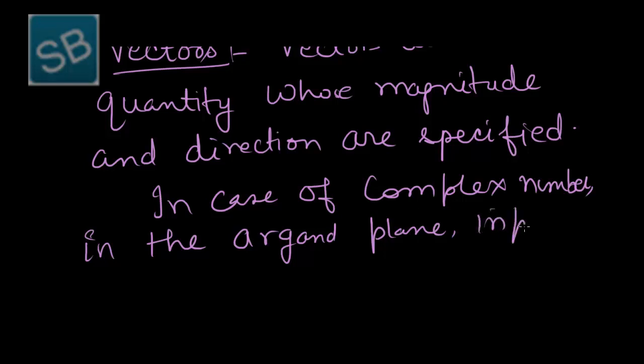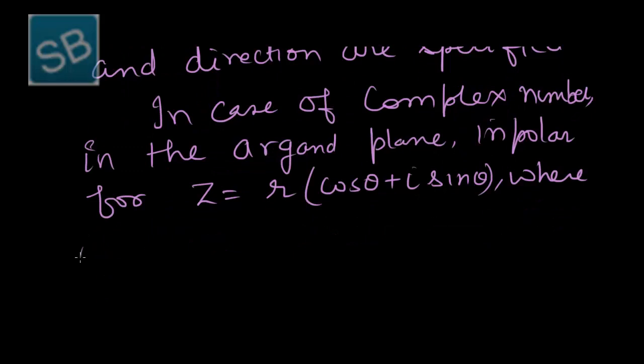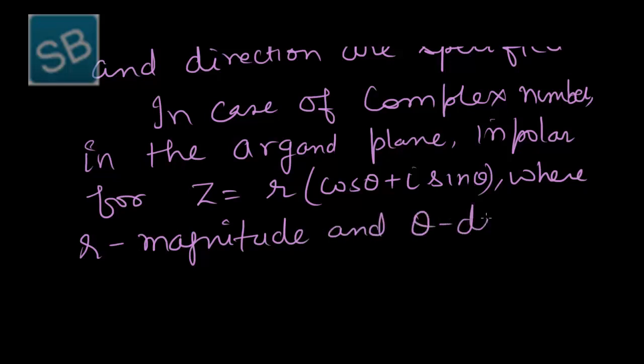In polar form, z is equal to r cos theta plus i sin theta, where r is the magnitude and theta determines the direction.